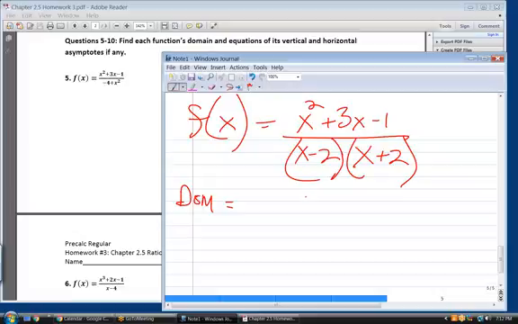Any other restrictions on the domain? No. Okay, so what is it? Negative infinity to negative 2, then from negative 2 to 2, and then from 2 to infinity.